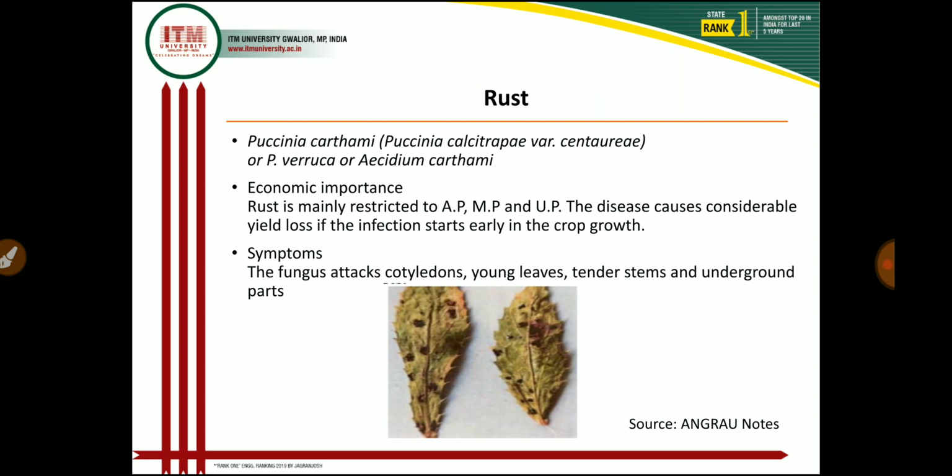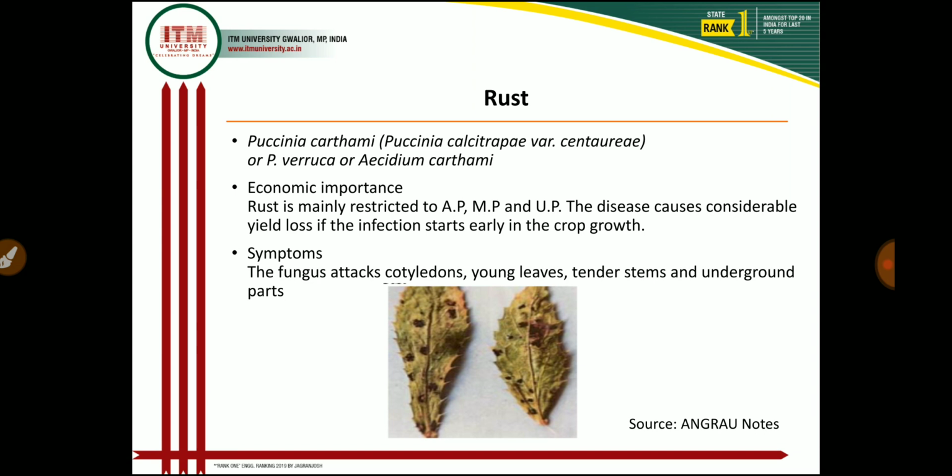The next disease is rust, and this rust disease is caused by Puccinia carthami, also called Puccinia calcitrapi variety centaureae, or Puccinia verruca, or Aecidium carthami.